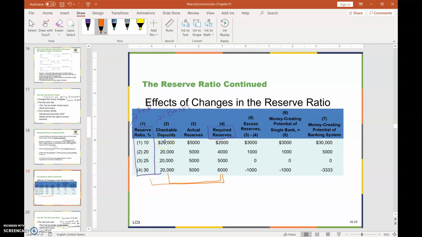I have the checkable deposits of 20,000 in the first row and reserve ratio is 10%. The way I calculate required reserves is equal to 10% of checkable deposits, which is equal to 2,000.